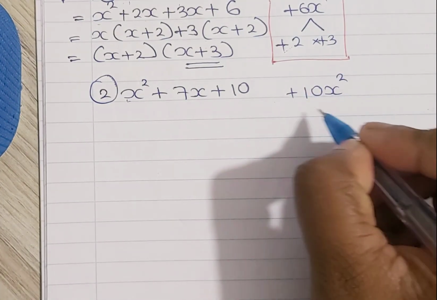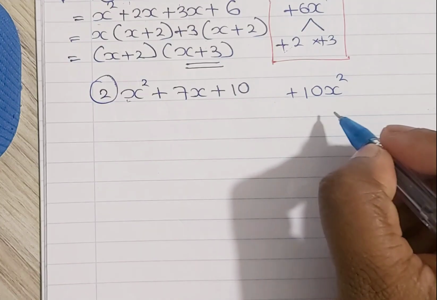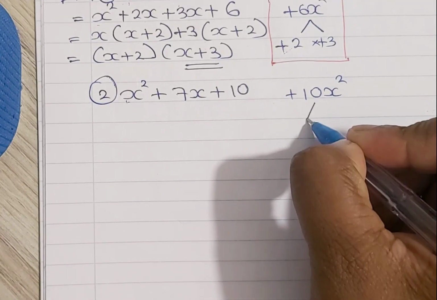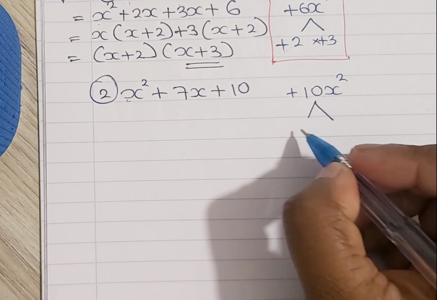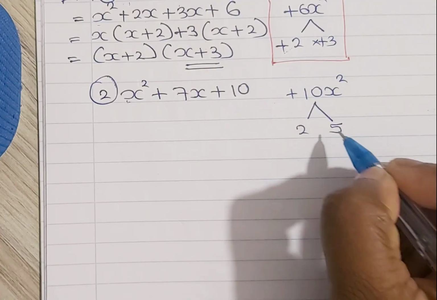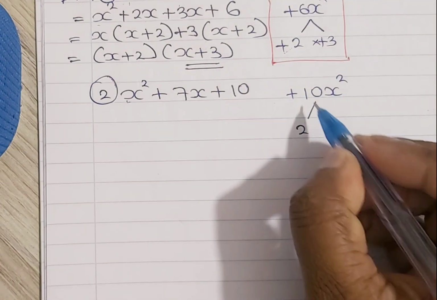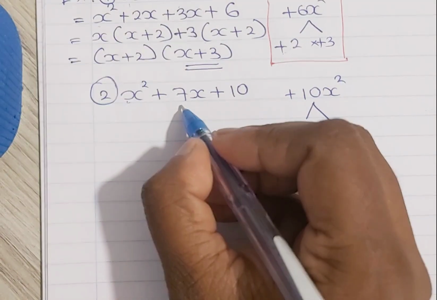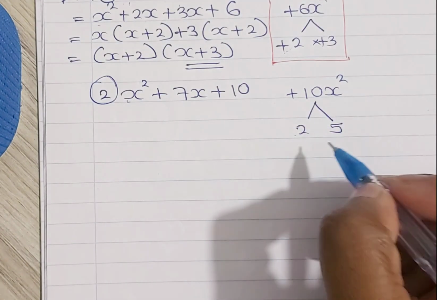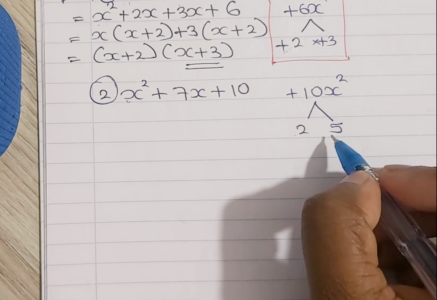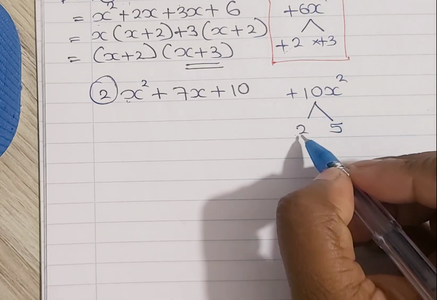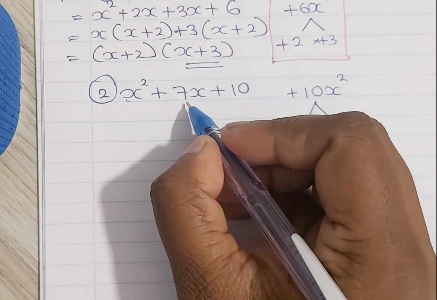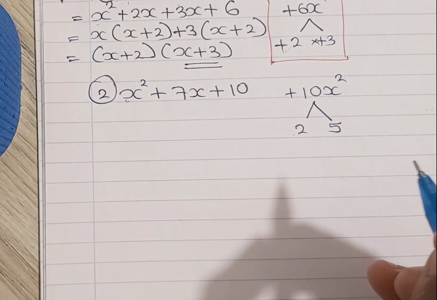You need to give the answer with the sign properly. How do we factorize 10? We know 2 times 5 is 10, and after adding or subtracting both, you get the mid value plus 7. When multiplying, 10 comes, and when simplifying, the mid term comes. Simplify means adding or subtracting.